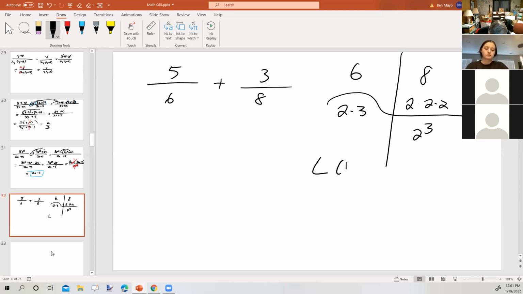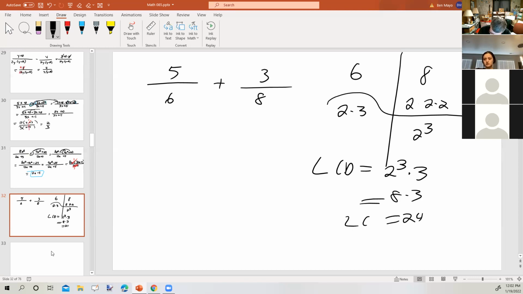The least common denominator is the product of the highest power of each different prime factor within any of the denominators. So I have 2 and I have 2 cubed. 2 cubed is a higher power than 2. And I have 3 to the 1 power. 2 cubed is 8 times 3 is 24. So your least common denominator is 24.